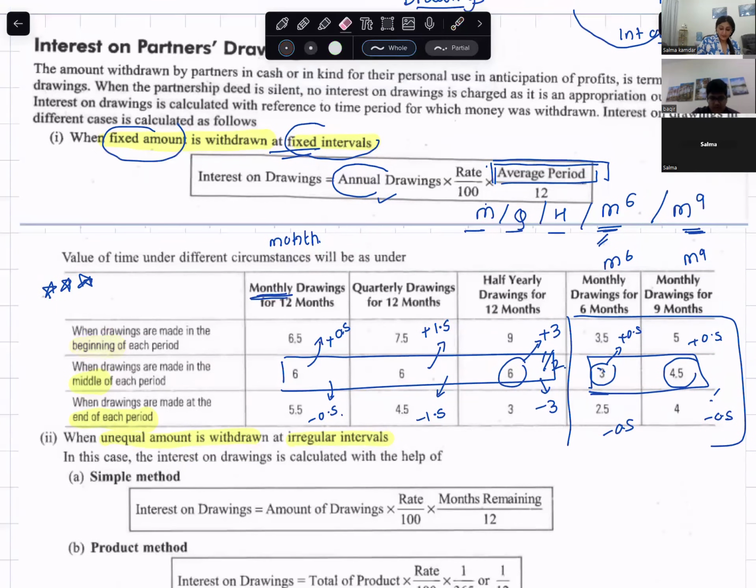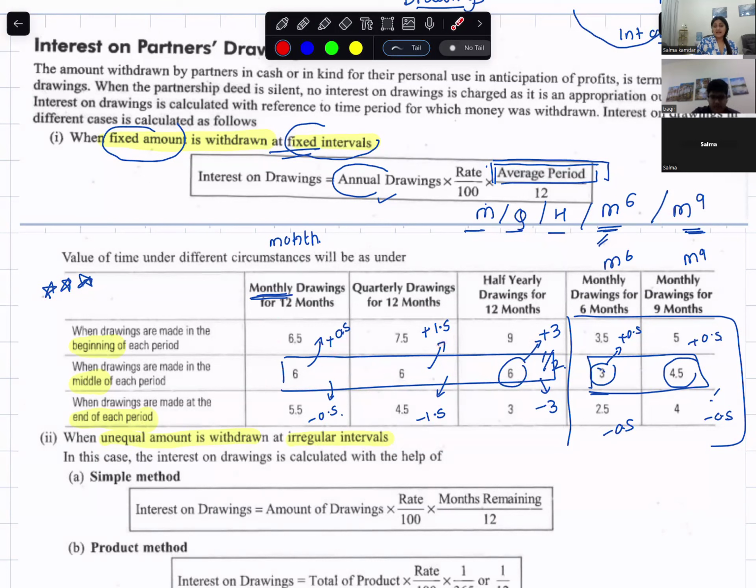Beginning of each period, middle of each period, and end of each period. For monthly, quarterly, half yearly, if it is at the middle of each period, it is into 6 by 12. If it is beginning of each period, then you will add plus 0.5, plus 1.5, plus 3.